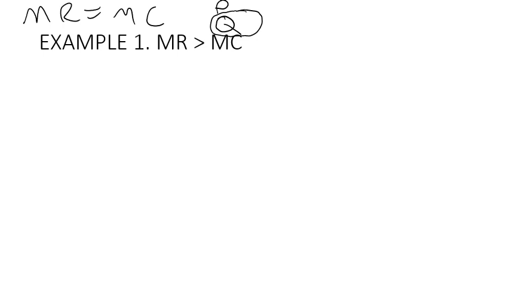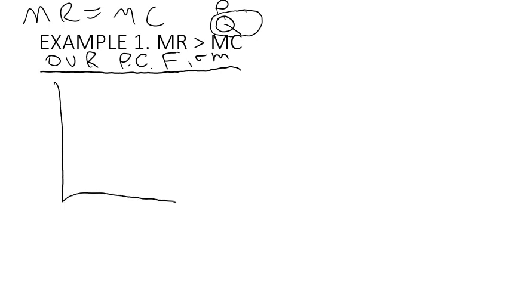Well, having said all that, let's go to a diagram. So here's our pure competition firm. All right, we're not talking about the market now, we're talking about a pure competition firm.